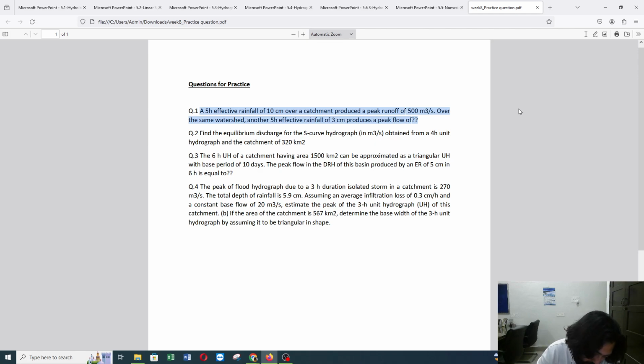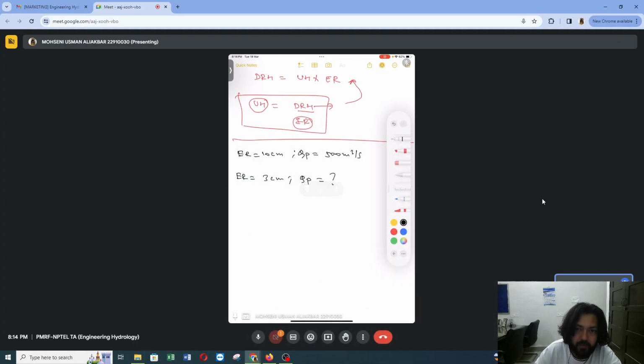Then they are saying when the effective rainfall reduces to 3 centimeter, what would be the peak flow? So this is the condition that we have. The effective rainfall is 10 centimeter, which is occurring for 5 hours, and the peak discharge observed was 500 meter cube per second. Now if the duration is the same but the effective rainfall is reduced to 3 centimeter, what is the peak discharge?